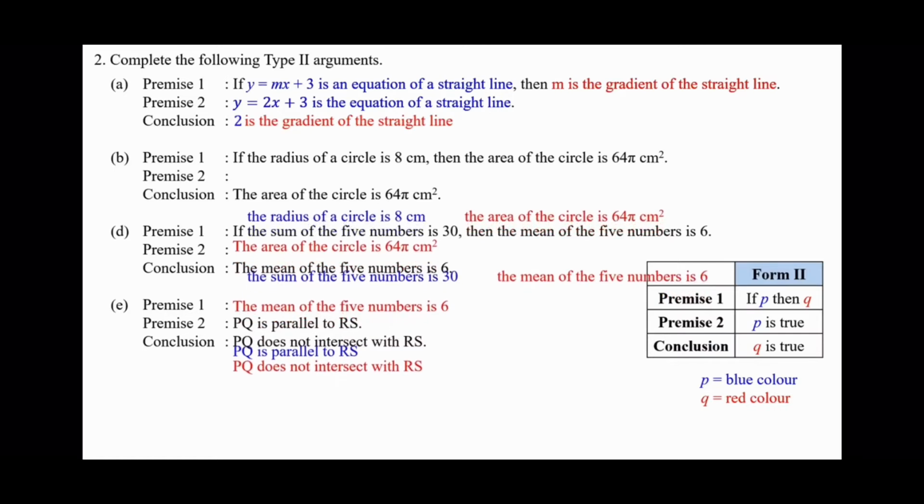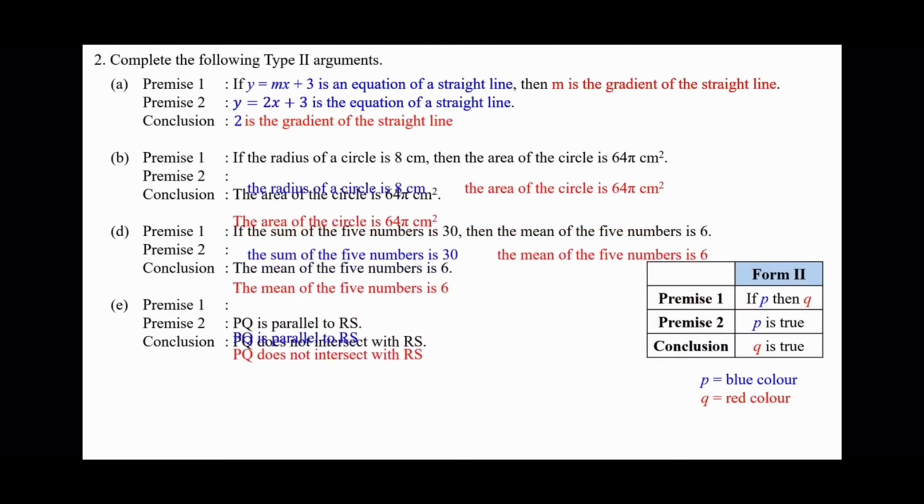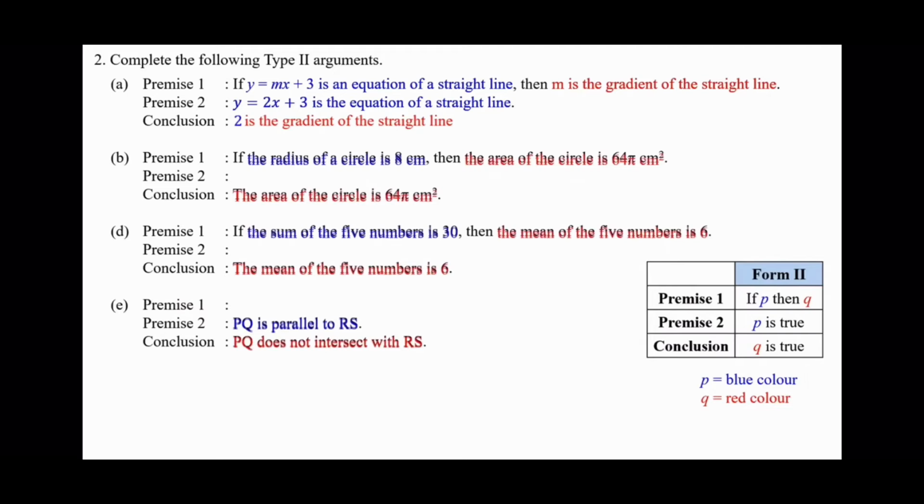Then for premise 2, you write P, which is the blue statement. We copy the blue statement for premise 2, and for the conclusion we copy the red statement for Q.